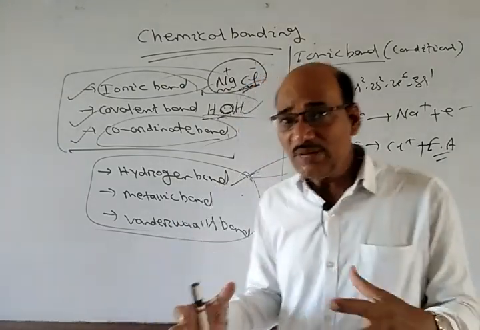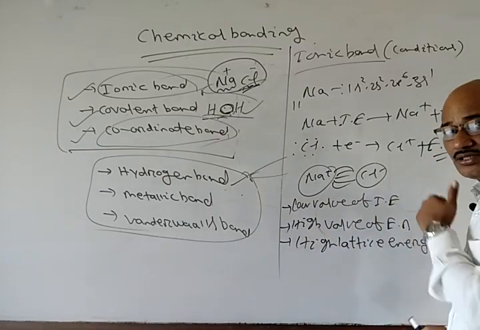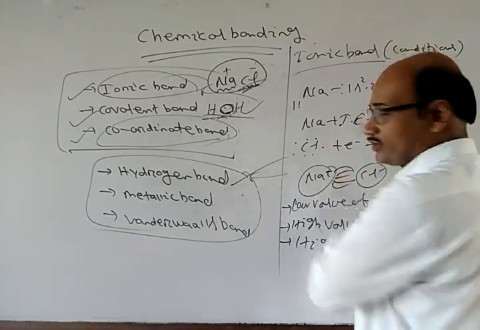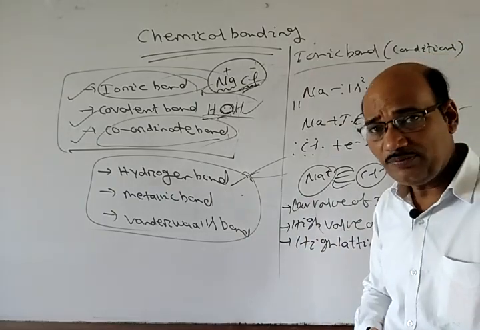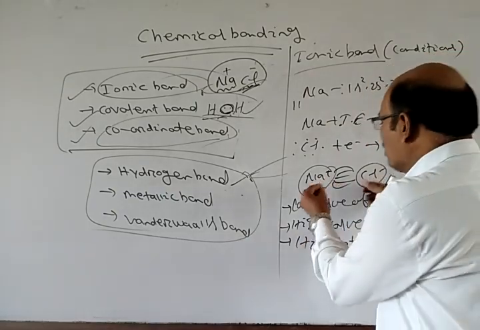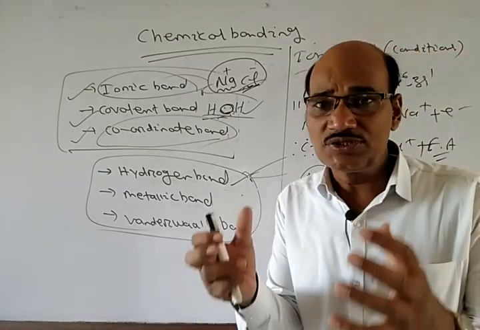So the strength of the ionic bond depends upon what? The distance between the charges and the quantity of charges. So the better formation of the ionic bond requires what? Small size of the ion and large quantity of charge on the ion.